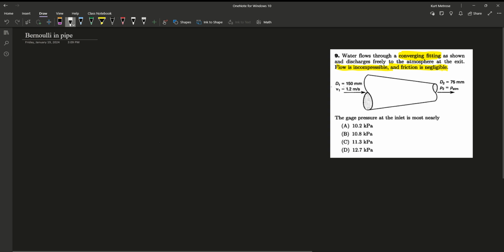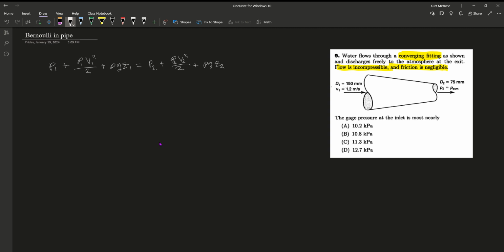So I'm going to write out the Bernoulli equation now. It's P1 plus rho 1 V1 squared over 2 plus rho g Z1, and that is equal to its, basically its cousin right here. It's exactly the same on the right-hand side.